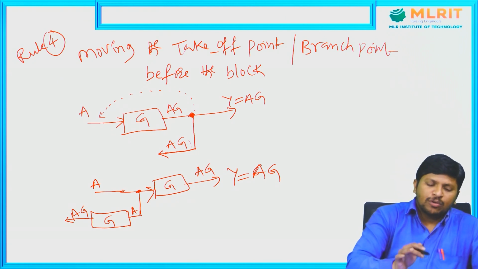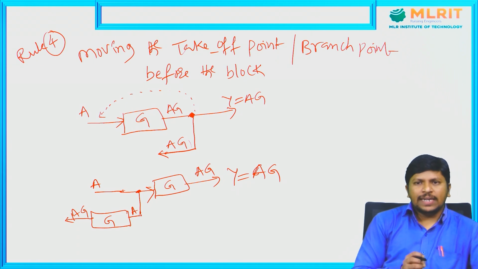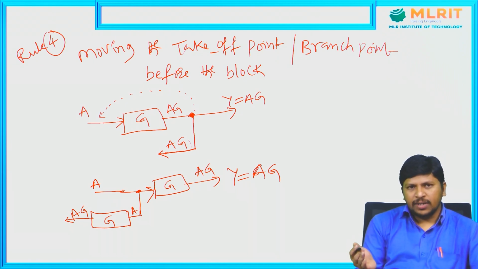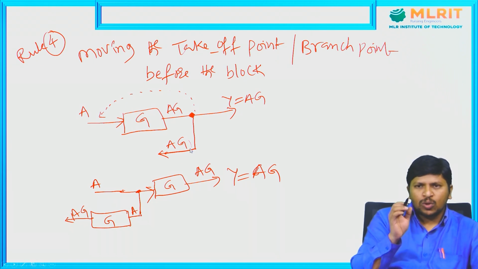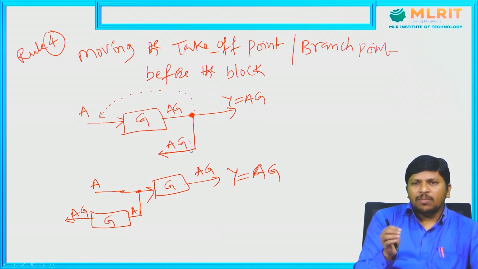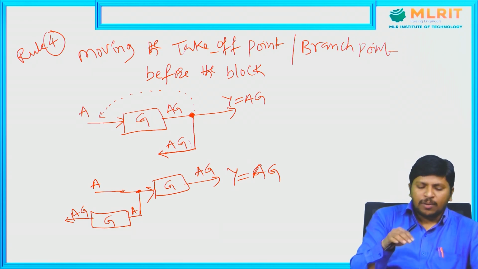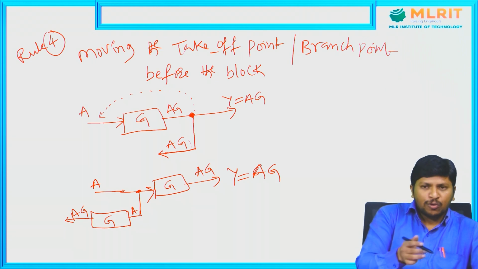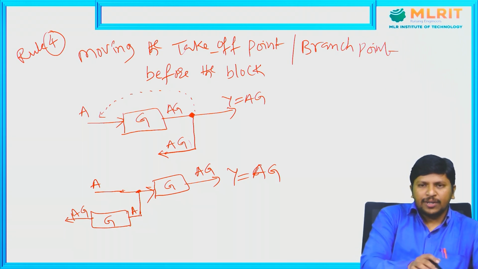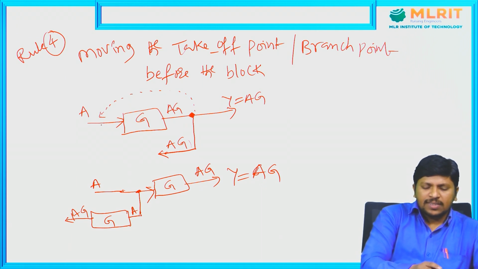Here, when we are going to move the take up point after the block, in the take up point we are going to write the block value as the denominator. That block value is in the denominator. But when we are going to move the take up point before the block, the block value is directly written in the take up point.